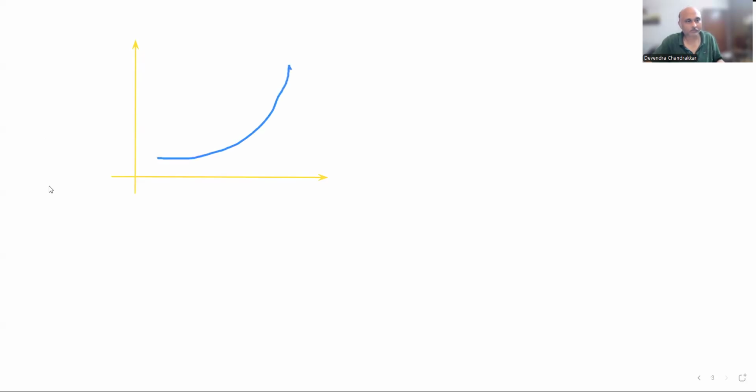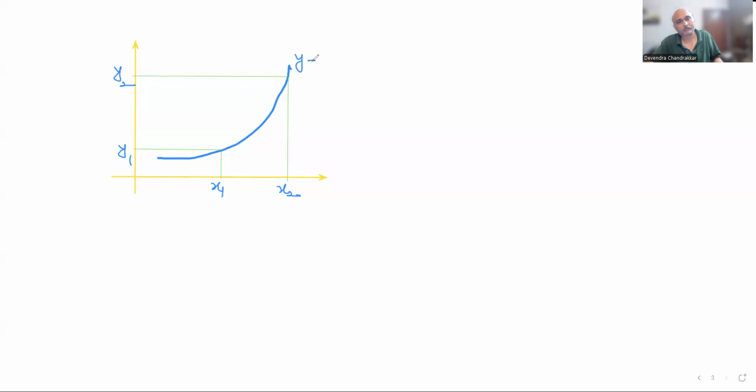So this is the curve. This is the coordinates of P. This is the coordinates of Q. This is x1, this is y1, this is x2, this is y2.